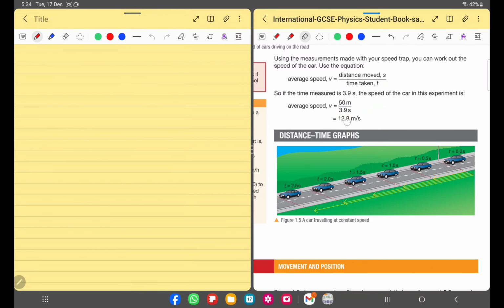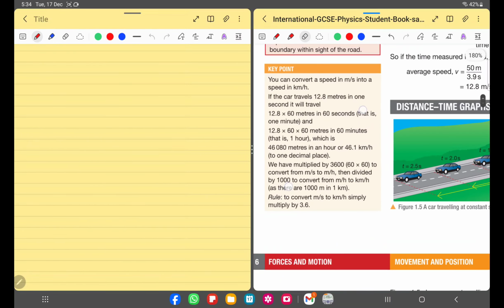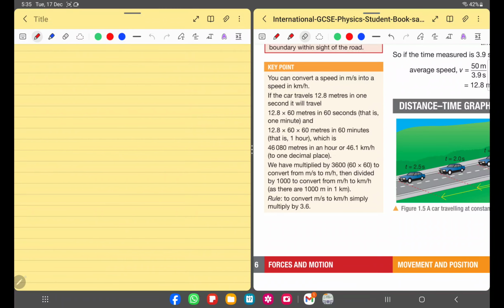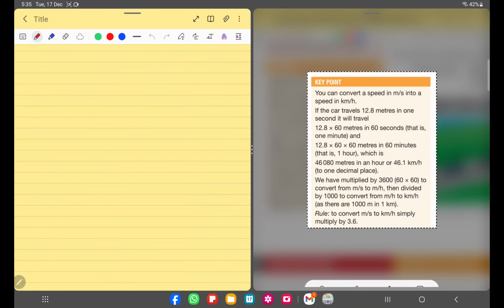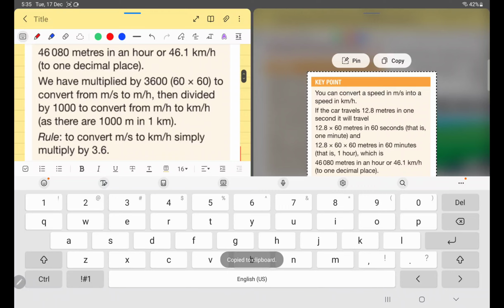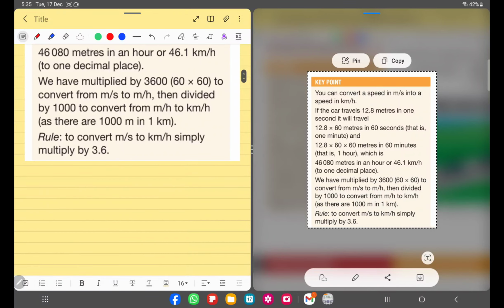I think it is very simple, but we should practice this part of the book. I am taking its screenshot and then pasting on the blank page, and then we will do some practice on it. Okay, so it is copied and now it is pasted, and now we are working on it.